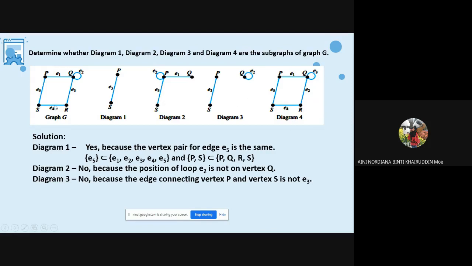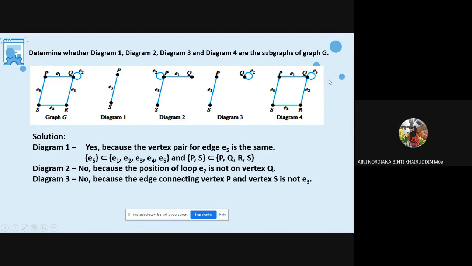Okay, have a look at diagram 4. Is it a subgraph for graph G? Yes. Yes, are you sure? No. Look carefully. Yang mana yang lain? Which one? Yang dekat Q tu. E3. Yes, here should be E2. Kan? Satu lagi kat sini, here should be E3.